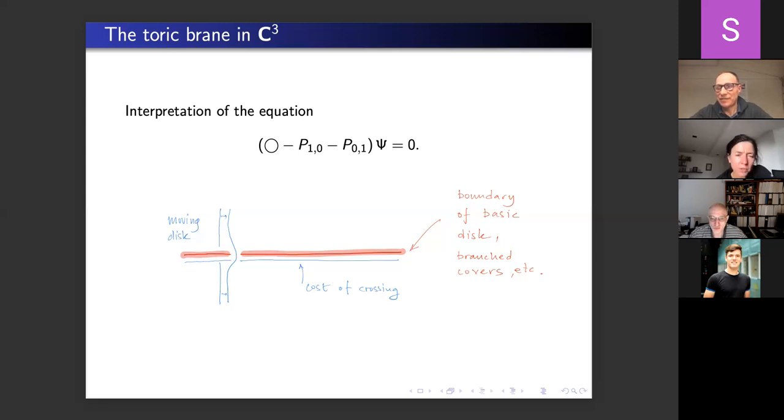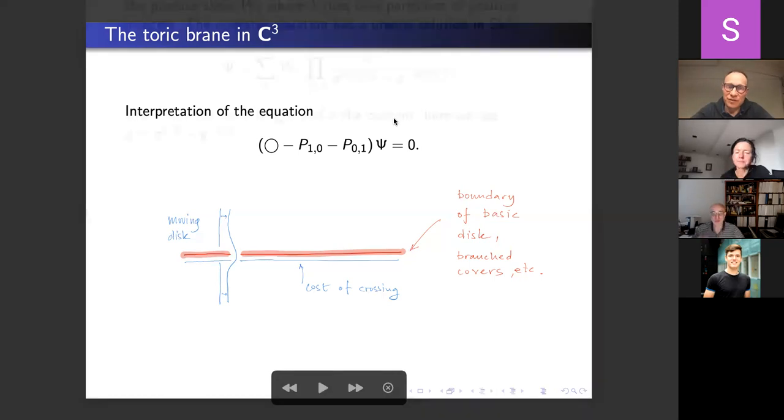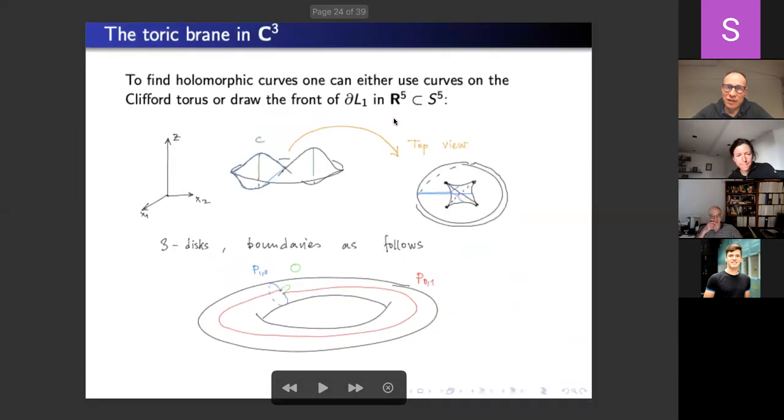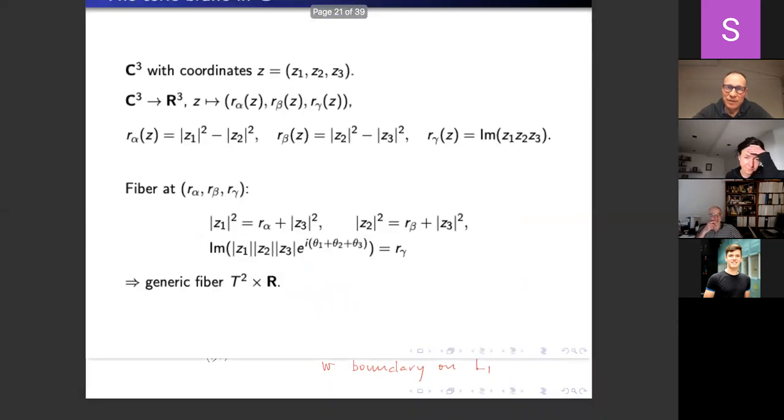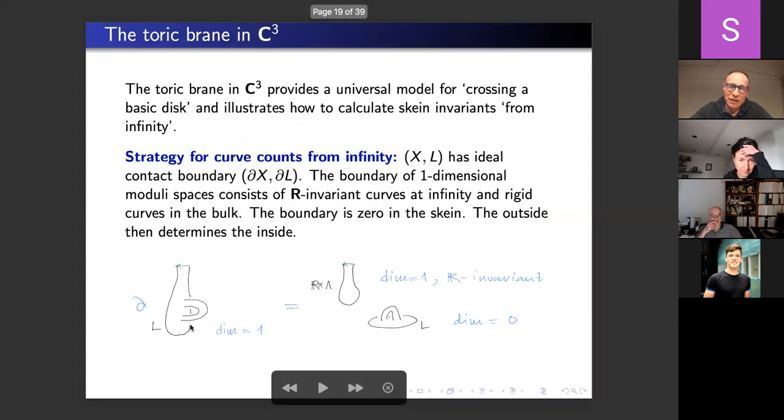Can you try one more time to explain the geometry of this? Yeah. Okay, so I'll take this picture over here. We have some Lagrangian sitting inside, let's say, a resolved conifold.